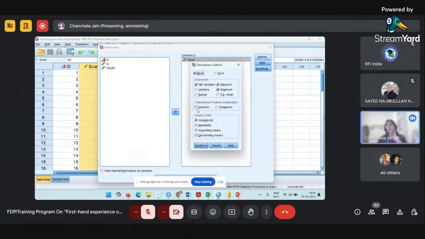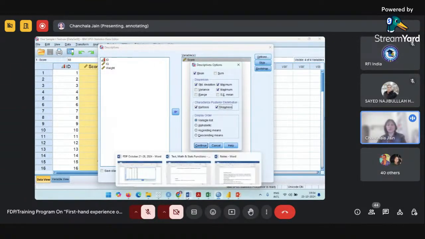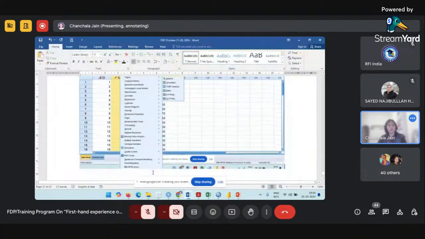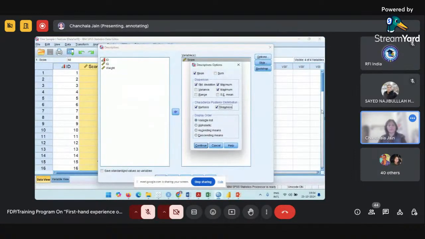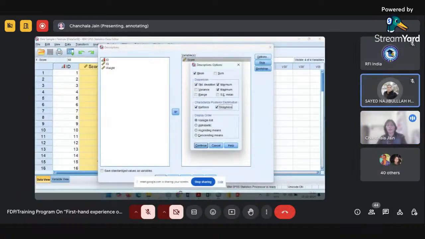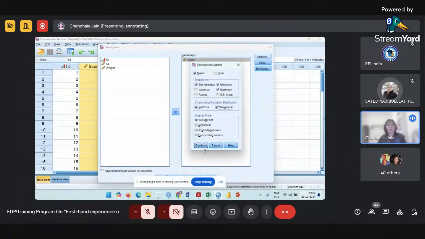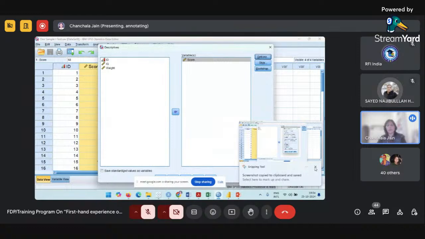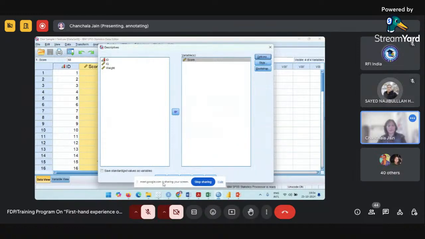We want to calculate the kurtosis and skewness as well, so you need to select the rest of the two boxes. Done. After this, press the Continue button, and then you will be back on the previous box, and there you need to click on the OK button to get the output.